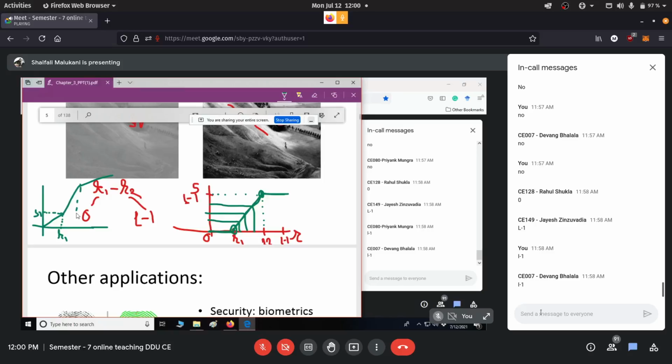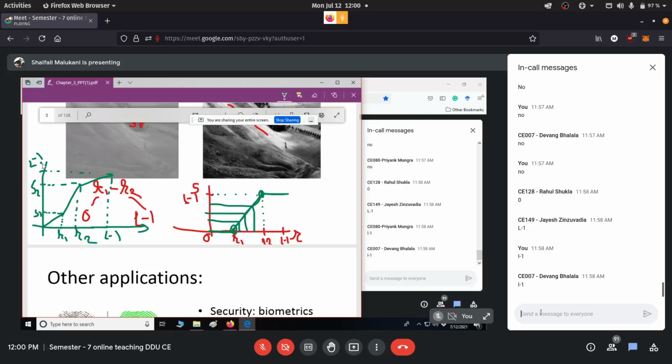This R2 was mapped to a certain S2, right? And this L minus 1 ultimately needs to get mapped with L minus 1, because if it is 8-bit and you desire it to be 8-bit only, then you are going for that only.